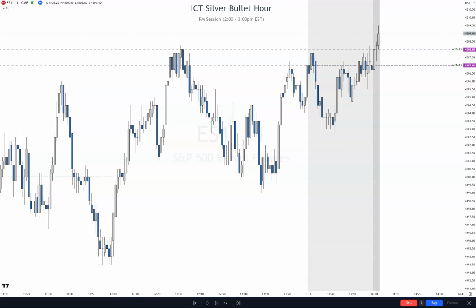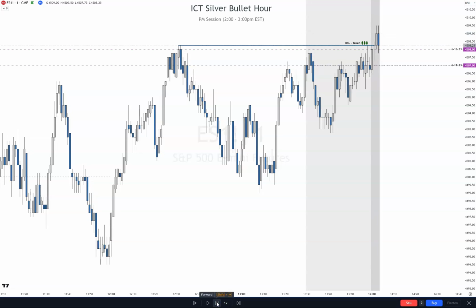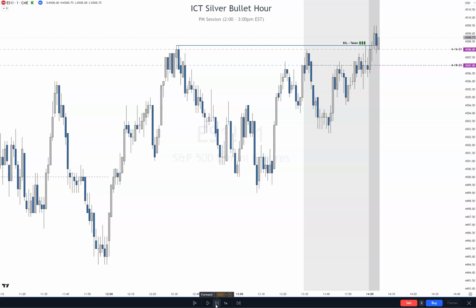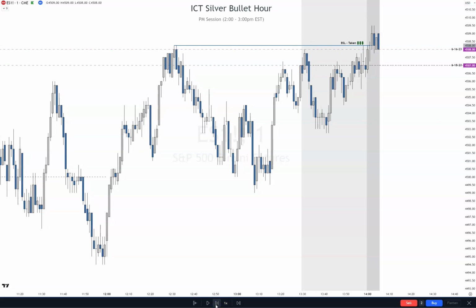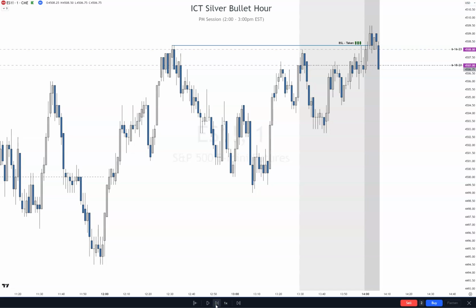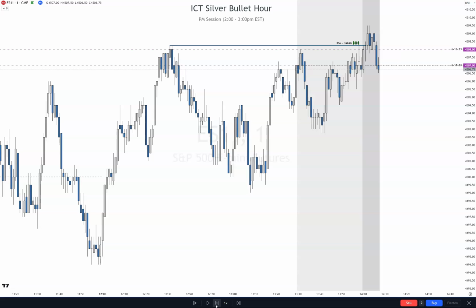All right, so now buy side's taken right there, obviously. Okay, so for me, the market structure shift would be this candle right here. I'd want to see it broke. That's a good candle. Okay, well, we have a fair value gap right here.